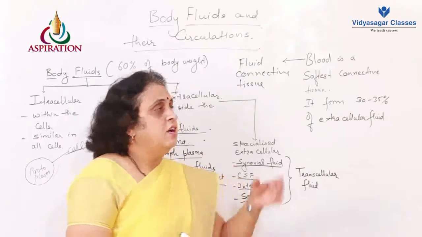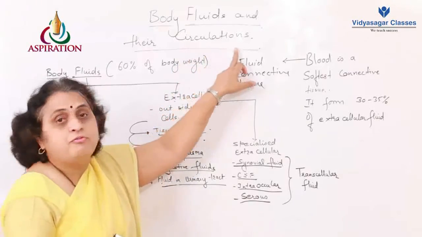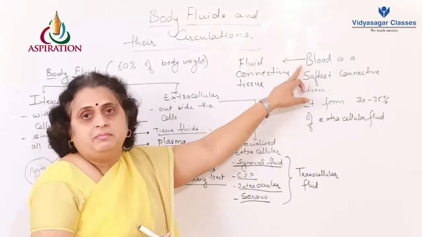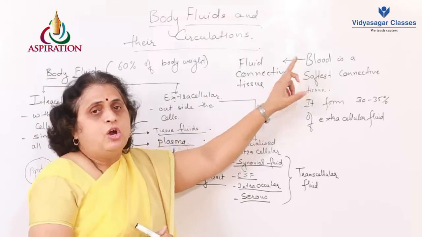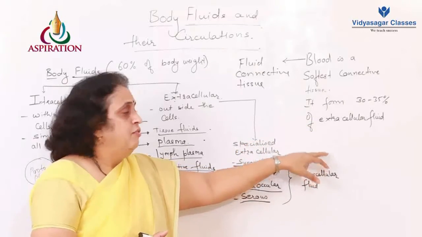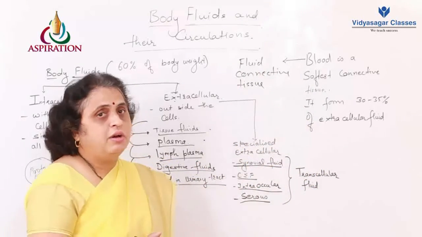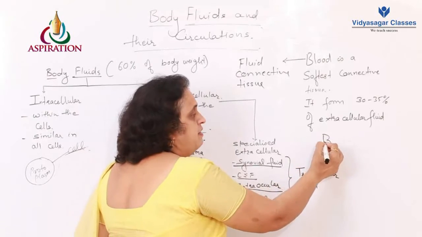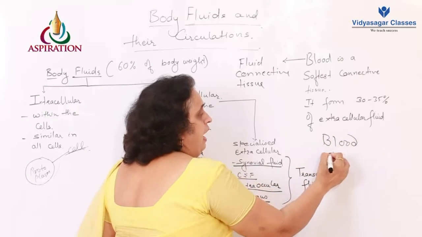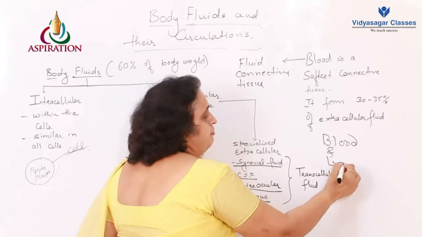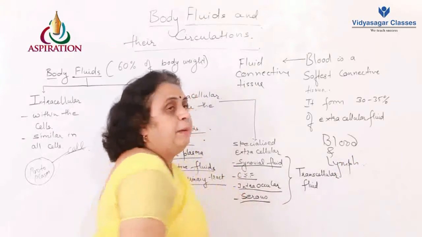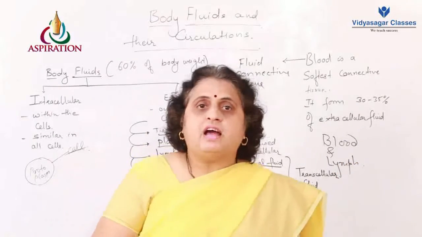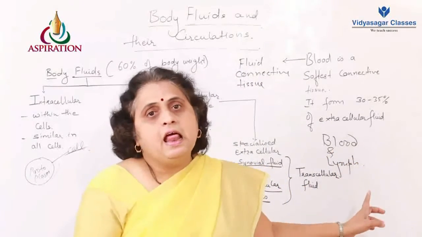So that brings us to the concept of the circulating fluid, and that brings us to the blood. Along with the blood, we also have lymphatic fluid which circulates in our body. So for us, the primary circulating body fluids are blood and lymph.